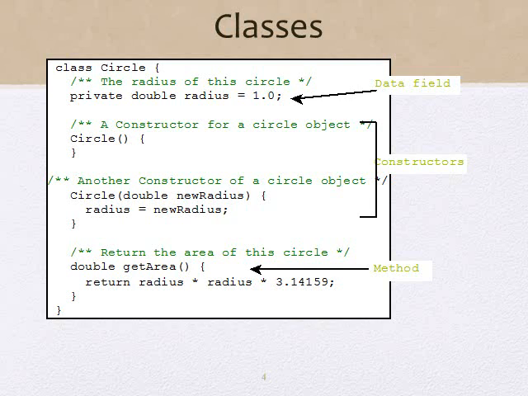Seems like a lot of work and kind of silly. Why don't I just have a variable as part of my main method and set its value to a radius? And if I want to compute the area, that's easy enough. Well, what will you use for the value of pi? Math.PI?